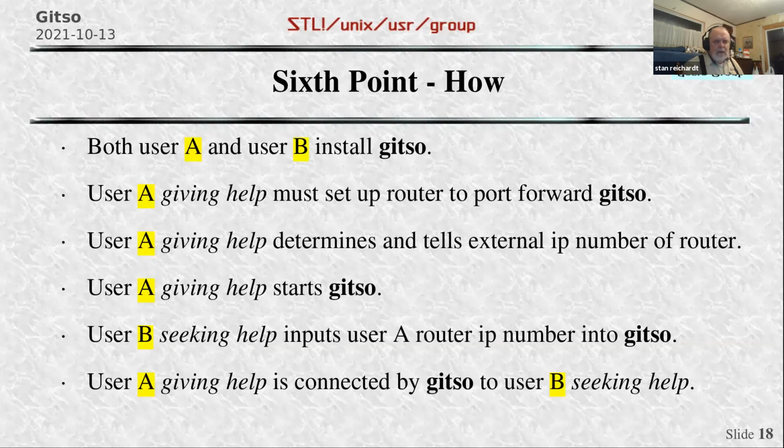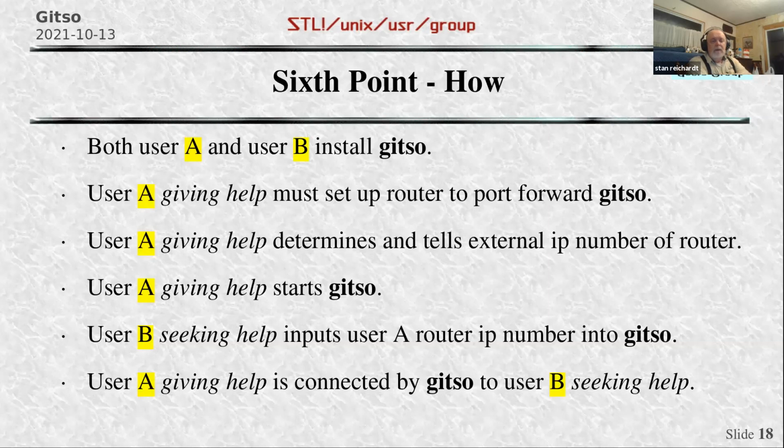As to how it's done, both user A and user B install Gitso. User A, the one giving help, must set up the router to port forward the Gitso traffic. User A determines his router's external IP number and has to provide that information.